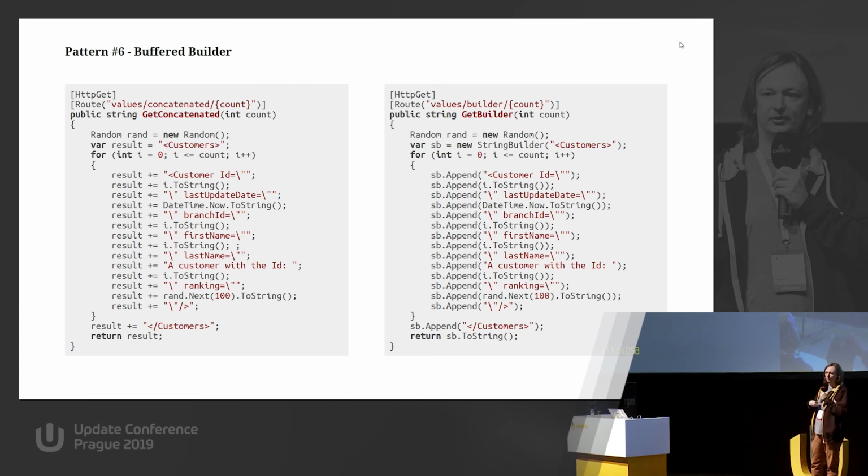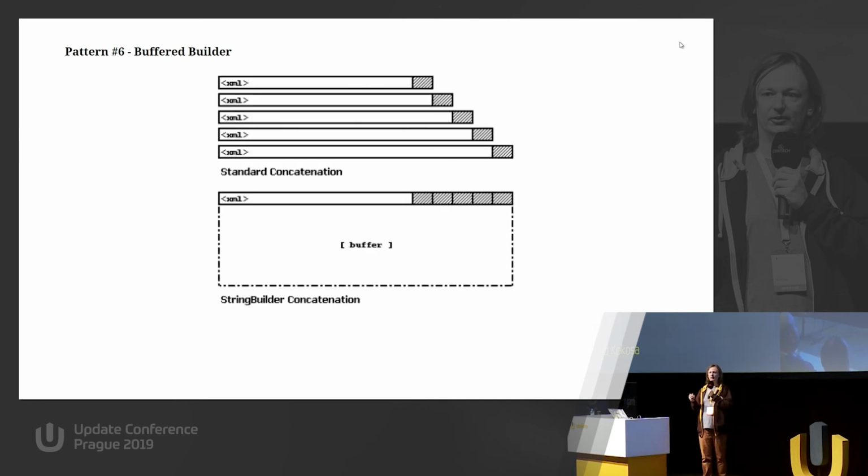So it produces a lot of strings. The solution would be to use string builder as on the right side. String builder is better because the result will be exactly the same, the string with the XML. The solution is good here because string builder operates on an internal buffer. When we are adding something to string builder, we are adding it to the internal buffer, and only at the end we call ToString to get the string from this buffer, but no temporary strings are created.